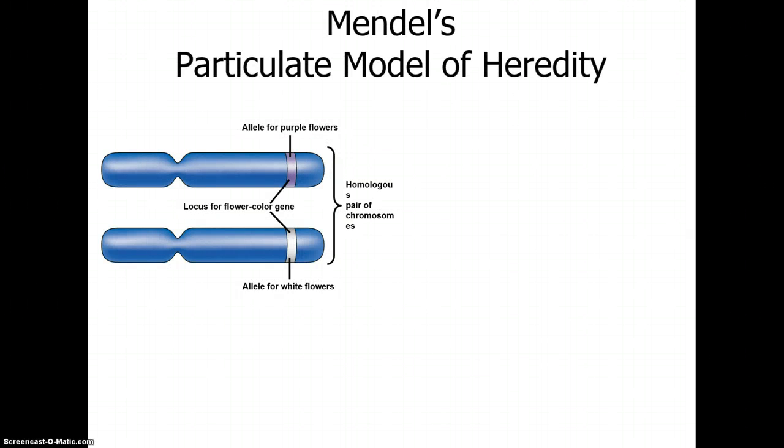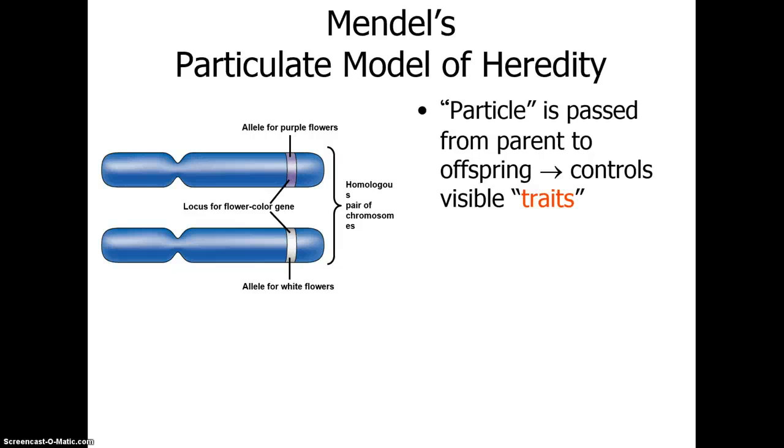So, Mendel's model of heredity said, okay, there's got to be some particle that is passed from generation to generation, or parent to offspring, and that particle has got to control these visible traits. Are we looking at the spherical seed, or are we looking at a wrinkled seed? Okay, well, I want you to pause.